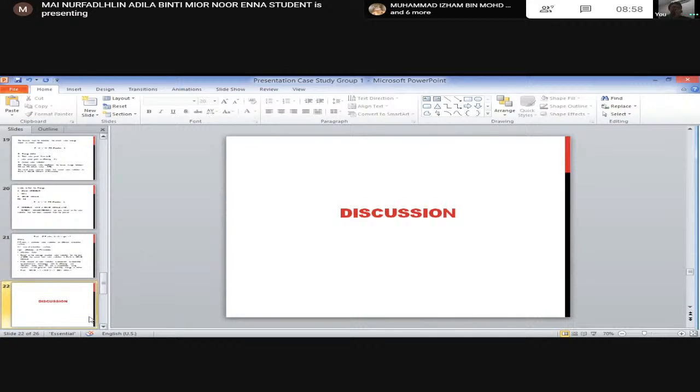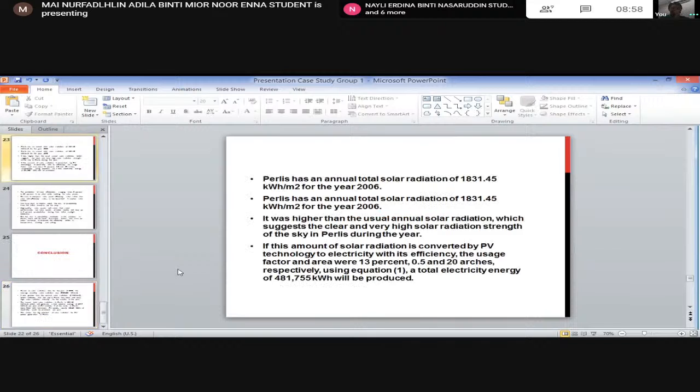Next, I will talk about the discussion of the case study. Based on what we have researched, Perlis has an annual total solar radiation of 1,831.45 kilowatt hour per meter square for the year of 2006.